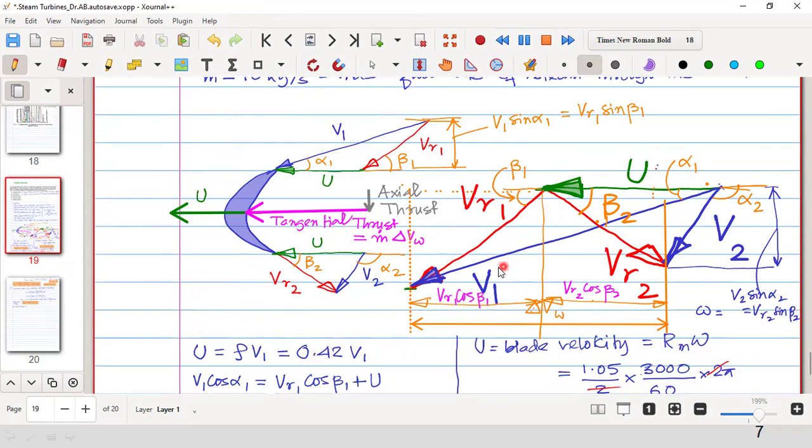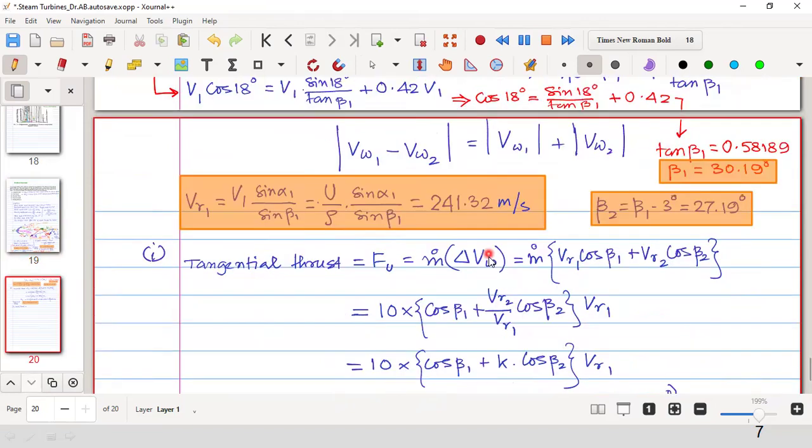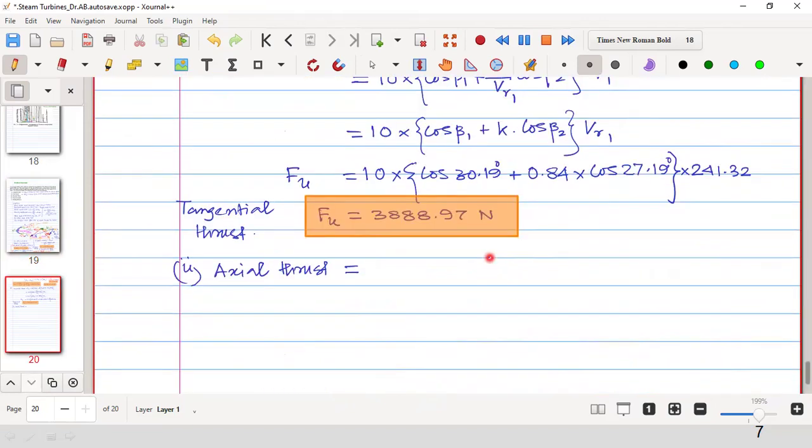Therefore, the effective change of momentum in the axial direction is equal to mass flow rate multiplied by delta Vf simply. So that is equal to mass flow rate multiplied by VR1 sine beta 1 minus VR2 sine beta 2.